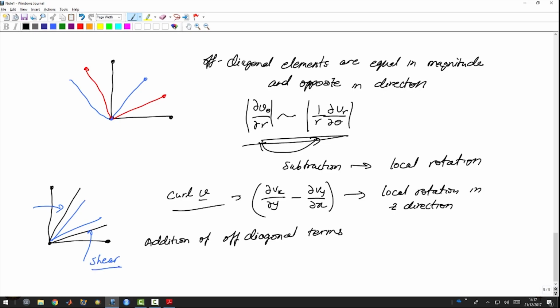So if they are equal and opposite, then addition of off diagonal terms will give us deformation.